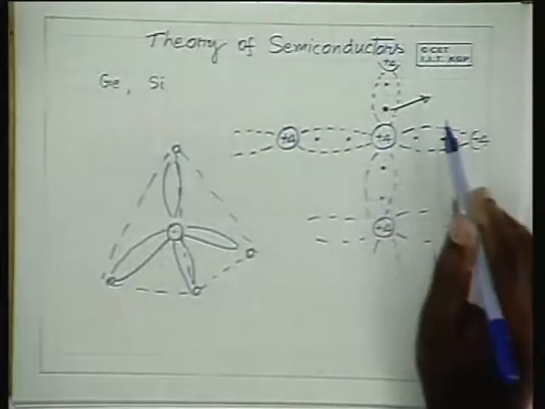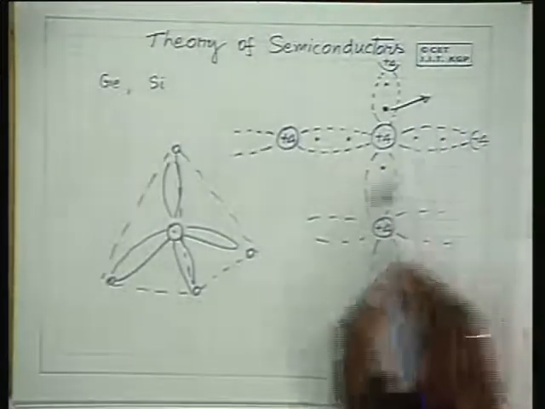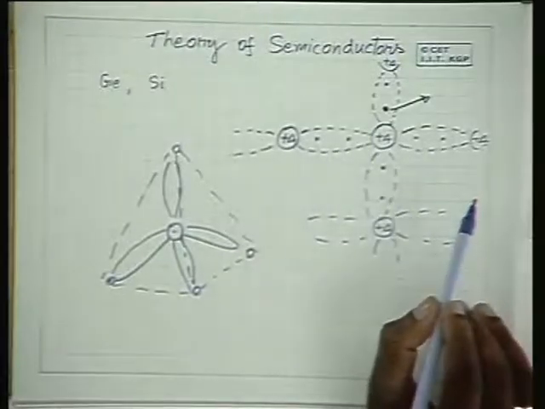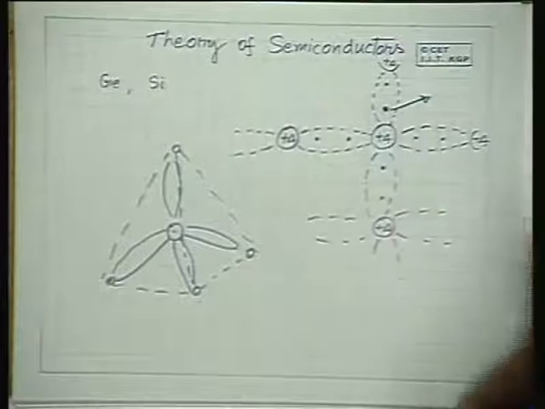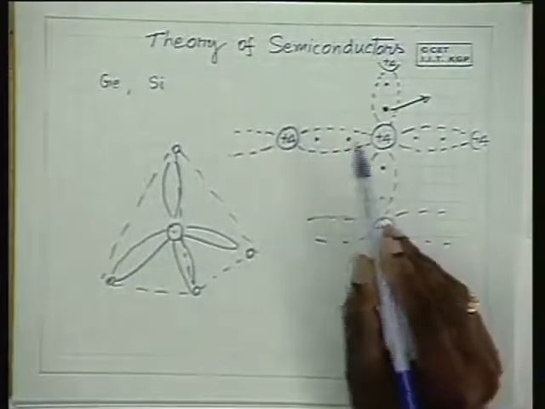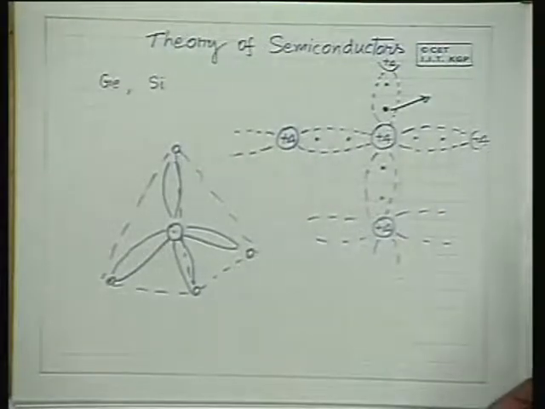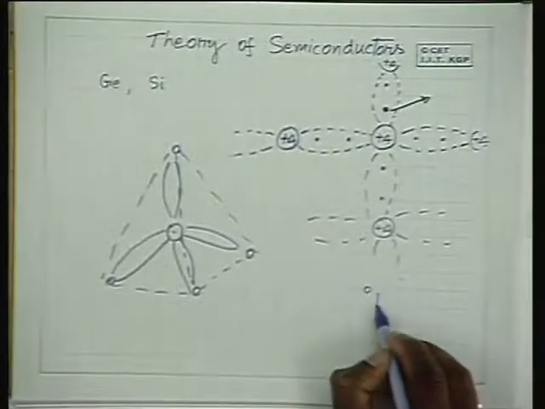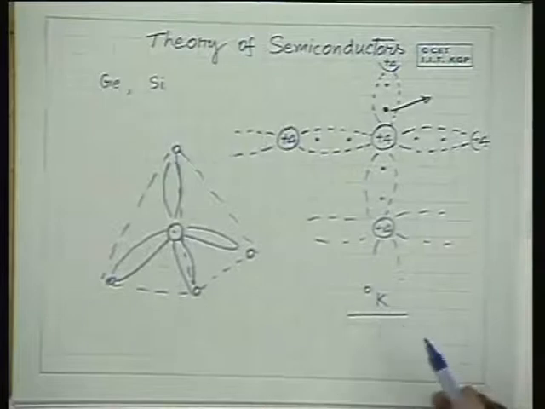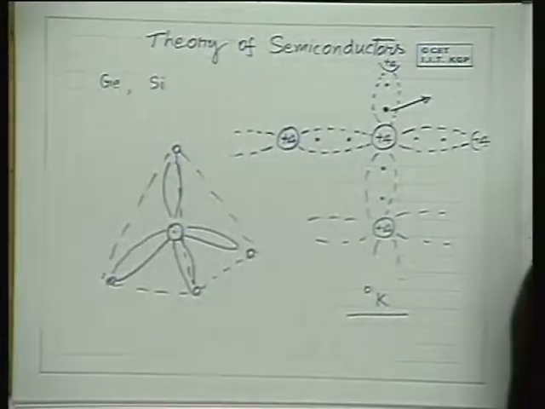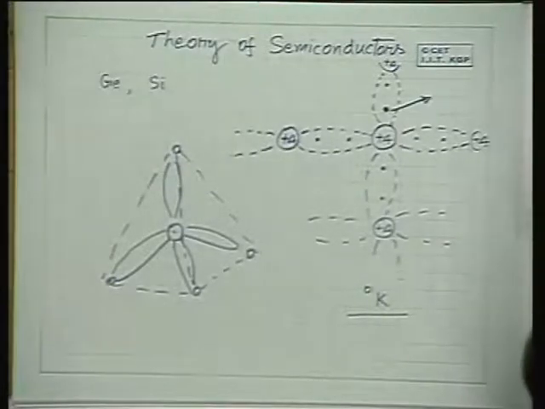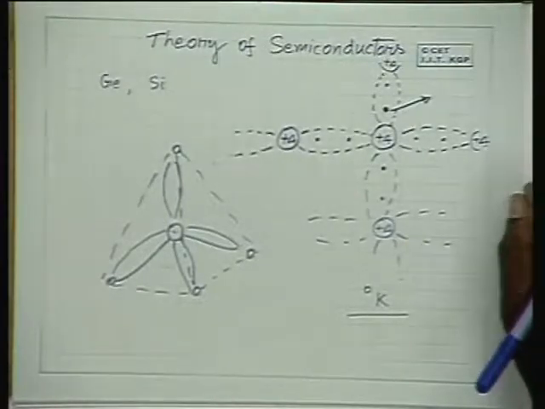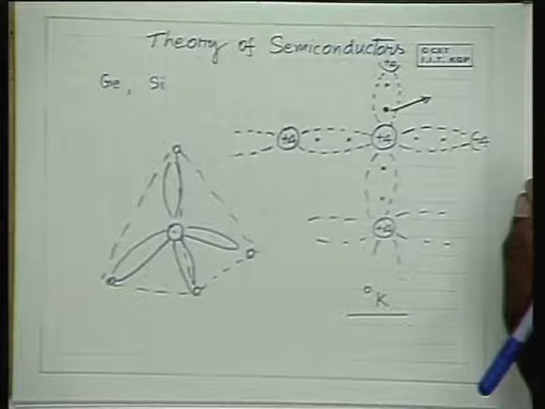Therefore, by the application of some small amount of field, this electron may not get accelerated and no current flows. This is what happens at 0 degrees Kelvin. So a semiconductor doesn't give rise to any free electron at 0 degrees Kelvin, and therefore it acts like an insulator.